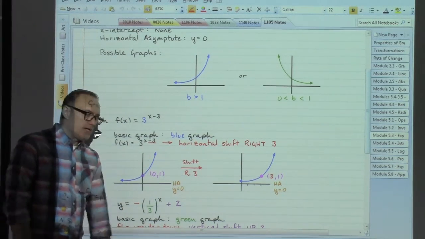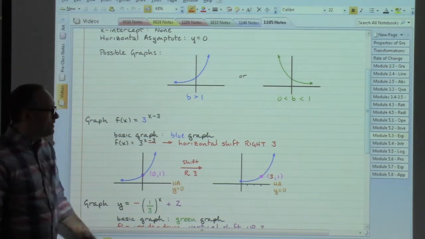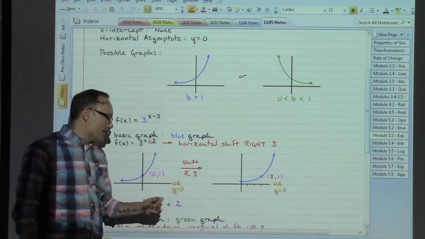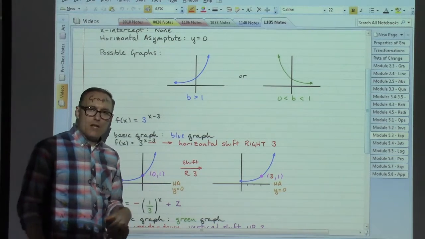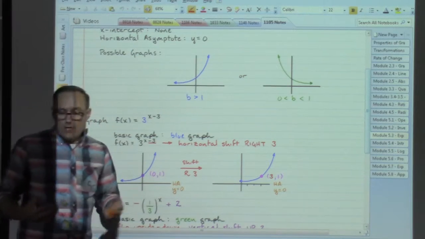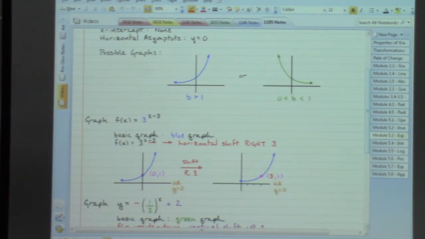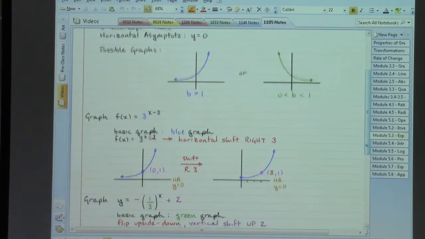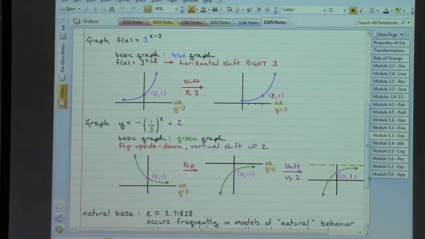If we had multiple transformations, well, we're going to be interested in what happens to the shape, what happens to the y-intercept, what happens to that horizontal asymptote. Those are going to be key things for us to pay attention to. So we'll look at a new example that's got a little bit more going on. We can map that sort of stuff out.